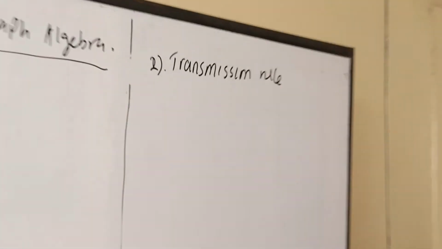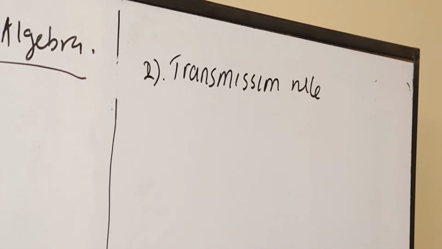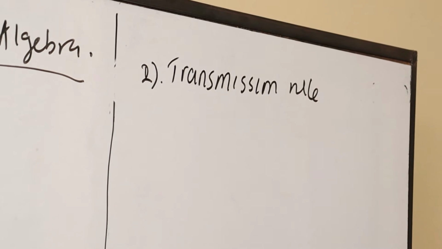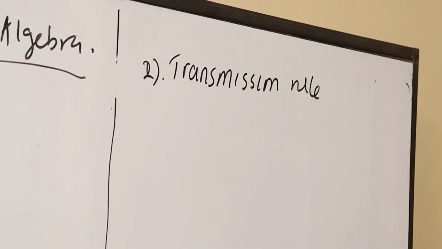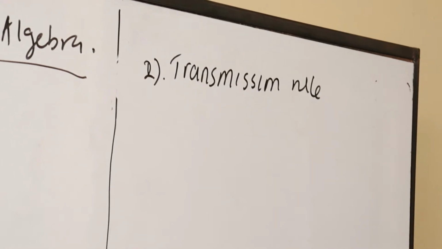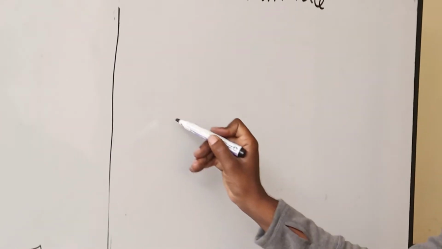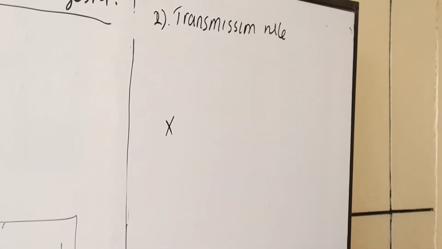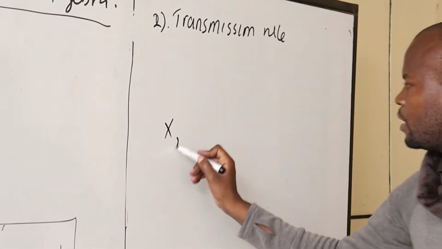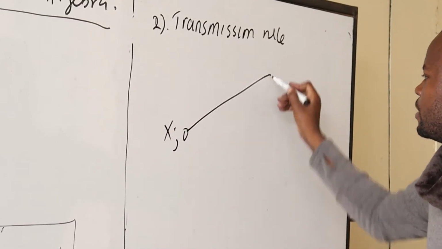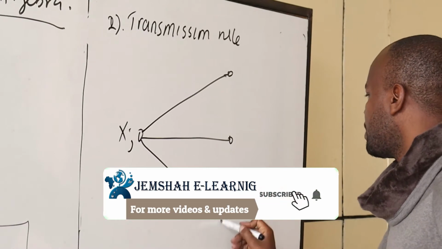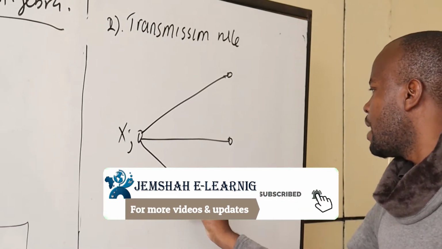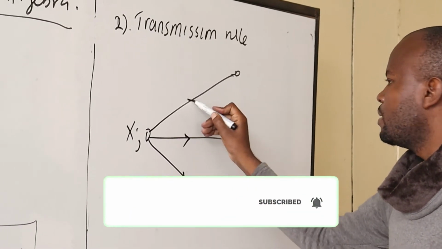When you talk about the transmission rule, it is more or less the same as what we had before, but now instead of converging, it diverges. So we can have something like xj, then you have a node here and a node here, and they are now leaving in that direction.